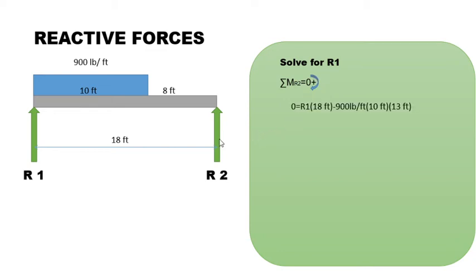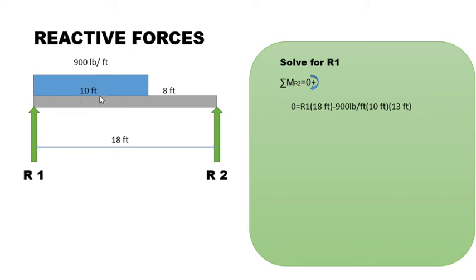So 0 is equal to R1, positive clockwise, times 18 feet again, the perpendicular distance, minus 900 pounds per foot times 10. We're going to multiply it by its span to get the total uniformly distributed load.